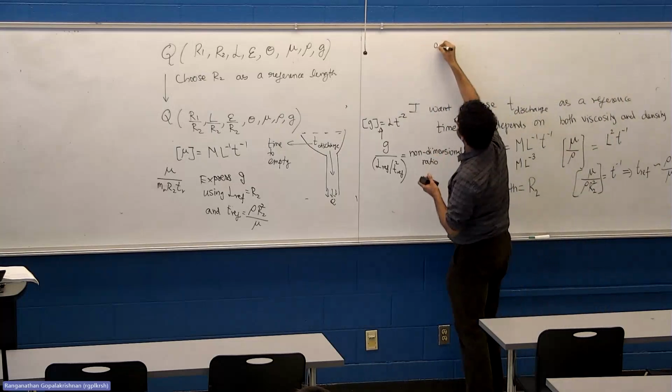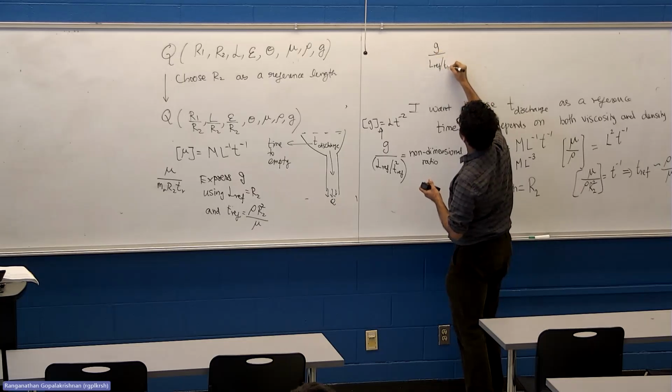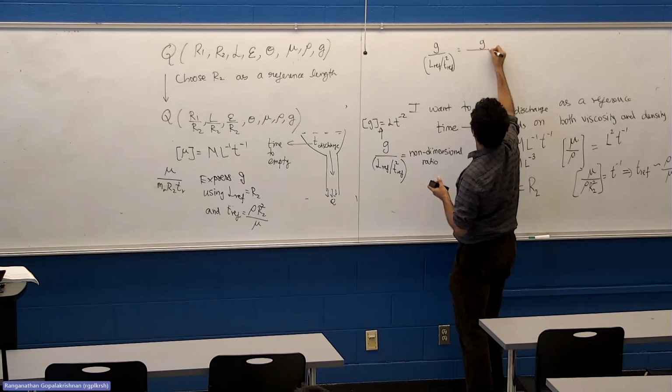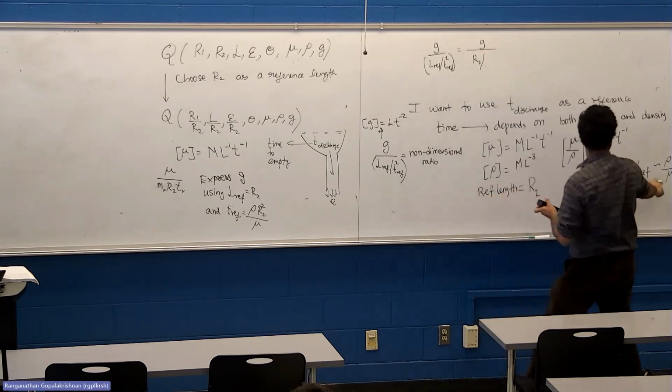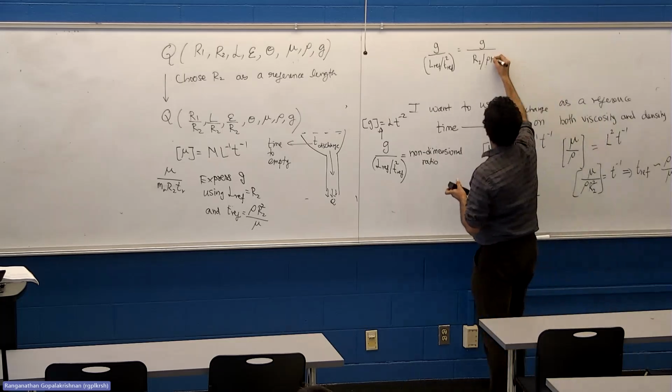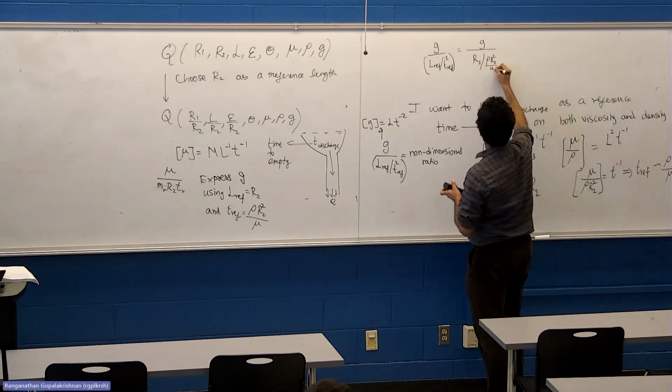So G divided by L reference divided by T reference squared is going to be G divided by R2 divided by T reference, which is rho R2 squared over mu, the whole squared.